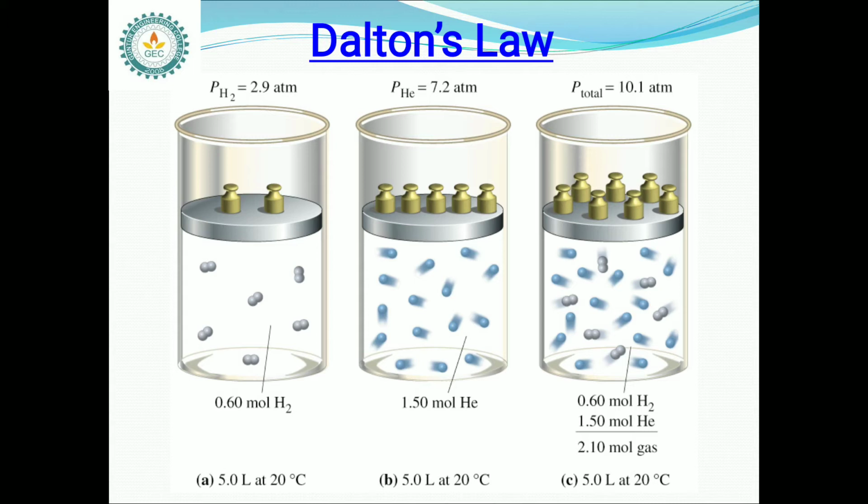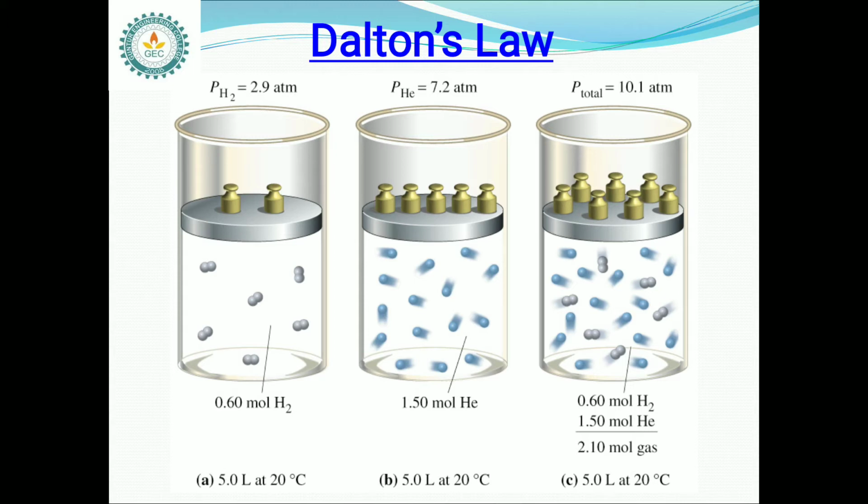Whenever you apply hydrogen gas under 2.9 atmospheric pressure having 0.60 moles, you can observe that molecules are spread in space. Whereas in helium, in the second container, under 7.2 atmospheres, with 1.50 moles, 5.0 liters at 20 degrees centigrade.